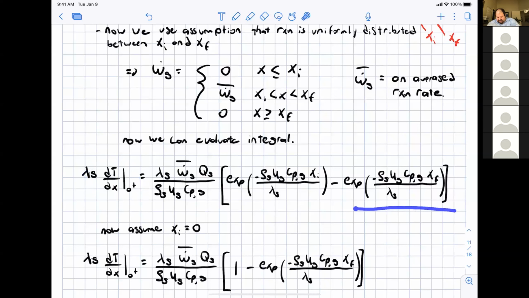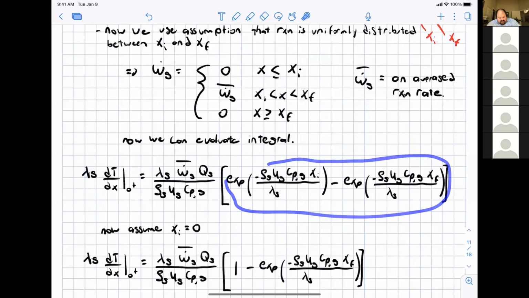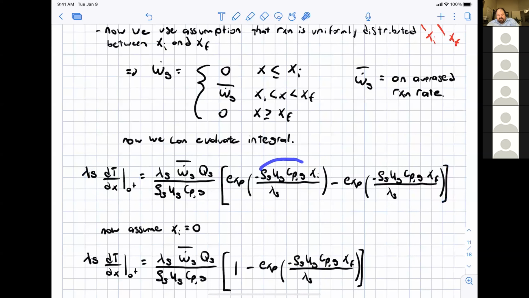We wind up with this expression here, which is basically this integration constant multiplied by e to the minus rho u Cp over lambda times the starting point of the chemical reactions, times the exponential of the same thing times the final point where the chemical reactions stop.